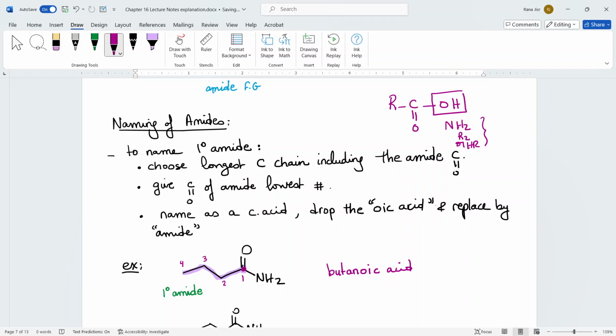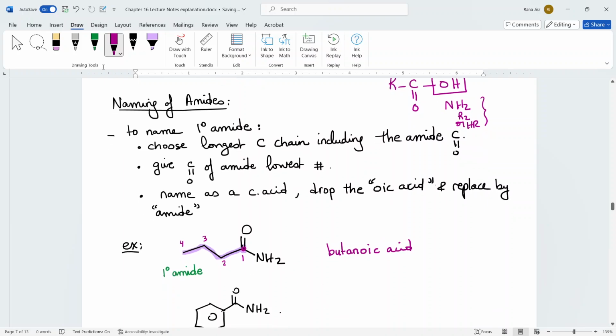This is why I'm saying that amides are derivatives of acids, because all I am doing is replacing the OH by any of the nitrogen functional groups in the amide. So this is why I name it first as a derivative of carboxylic acid. Take the NH2, put an OH in there, it's going to be butanoic acid.